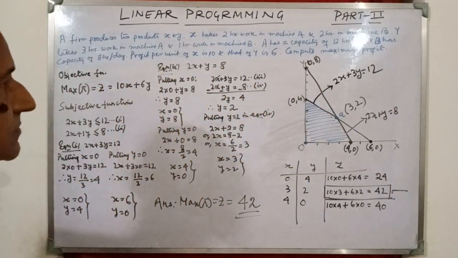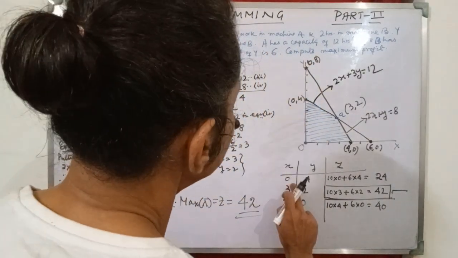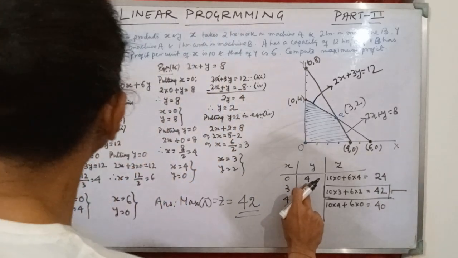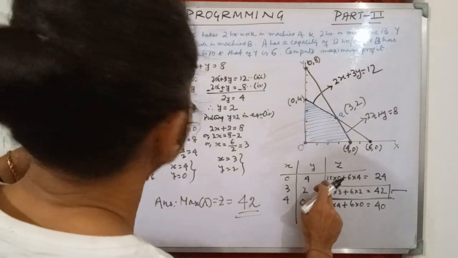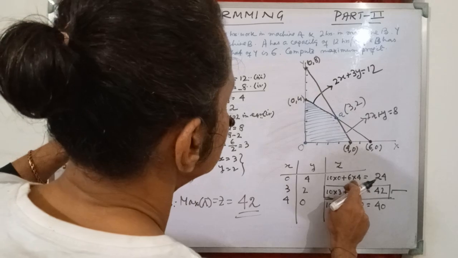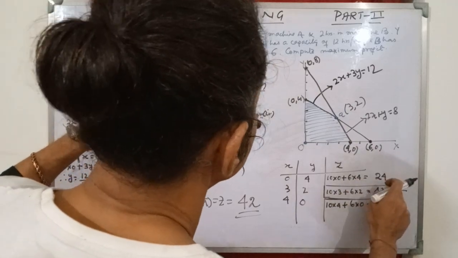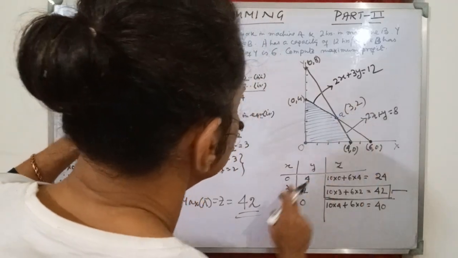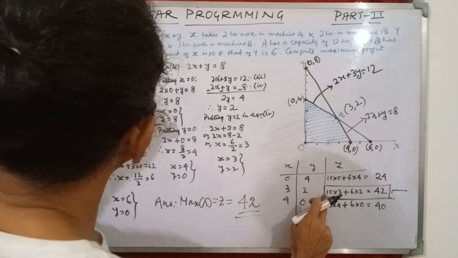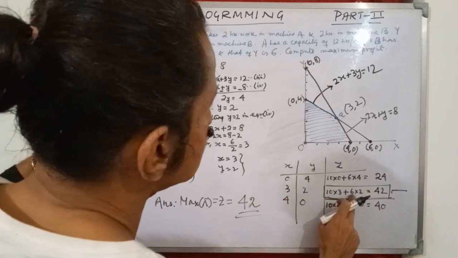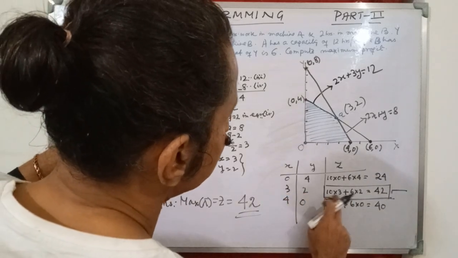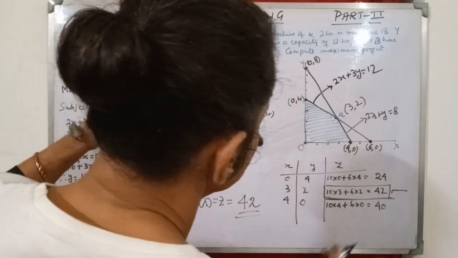So I have put the values 0, 4 here. So profit is 10 into 0 plus 6 into 4, that is 24. Then 3, 2. Profit is 10 into 3 plus 6 into 2, that is 30 plus 12, that is 42.